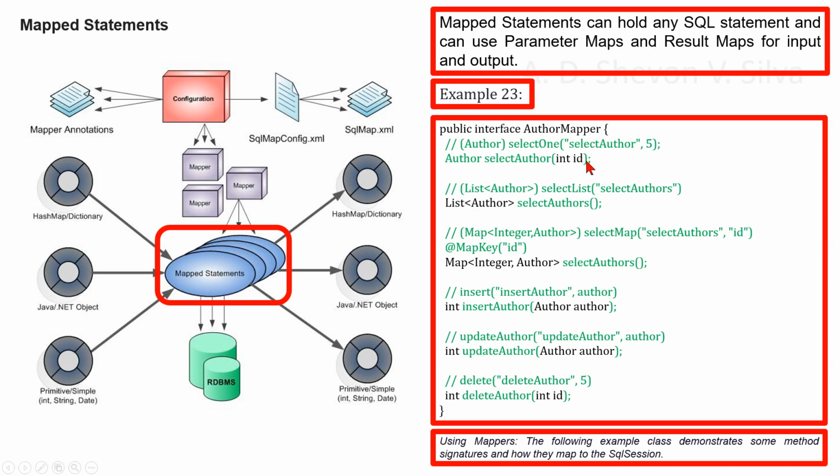The mapper class is simply an interface with method definitions that match up against the SqlSession methods. For example, this class demonstrates some method signatures and how they map to SqlSession. In a nutshell, the mapper method signature should match the SqlSession method that it's associated to, but without the string parameter ID.